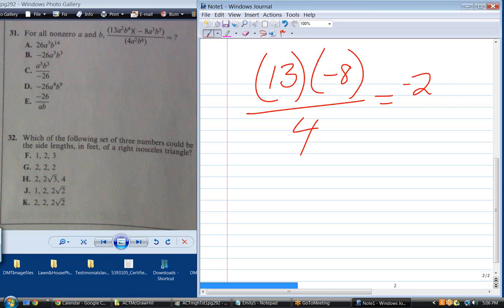Actually, it's in the numerator. In other words, I can reduce that to minus 26 over 1. Yes, awesome. And that's a good start because that eliminates A, it eliminates C. So now we're down to the possible solutions being B, D, or E.